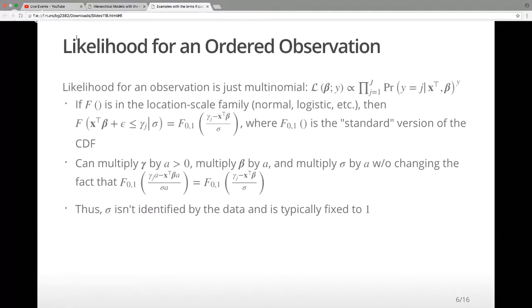But when you do that, you immediately see, well, if I just multiply the cut points by some positive constant, multiply the coefficients by some positive constant, multiply sigma by a positive constant, then those A's are all going to cancel out. And that implies that the data don't provide any information as to what sigma is.